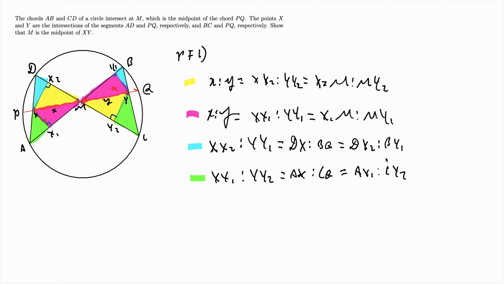Now let's take a look at the ratios and see which ones would actually help us prove the theorem. Ax sub 1 to cy sub 2, I'm not sure if that would be that helpful. Might be, but not really, because we have too many ratios right now. We want to organize them and only focus on the important ones.